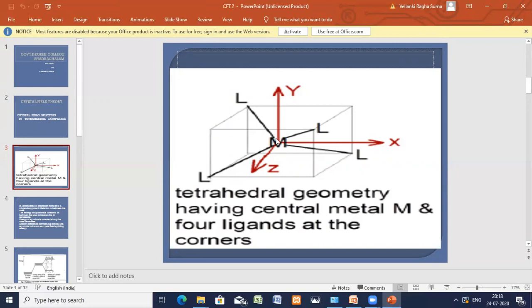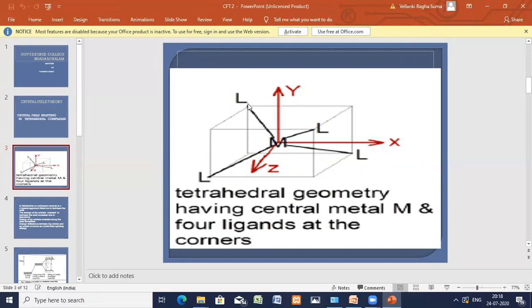These ligands will be approaching the central metal atom. So these are approaching in between the axes, the coordinate axes x, y, z.